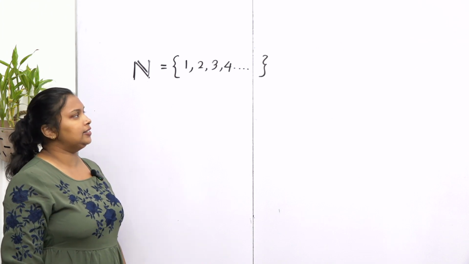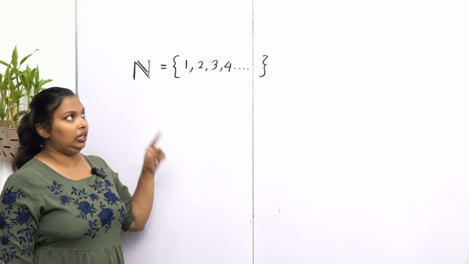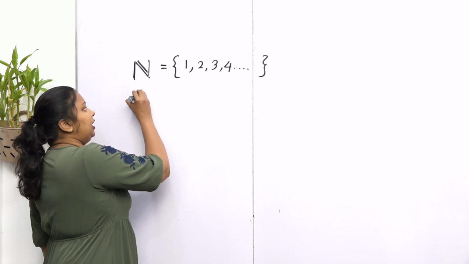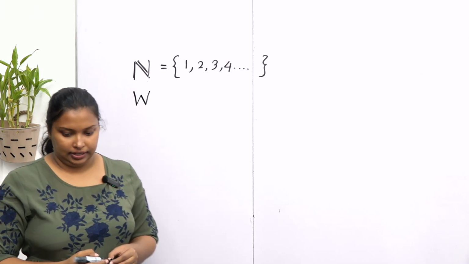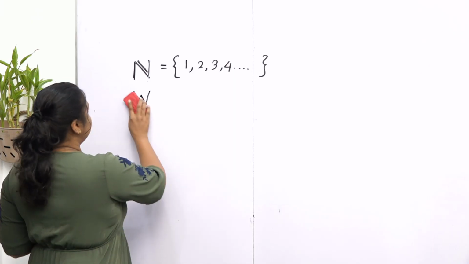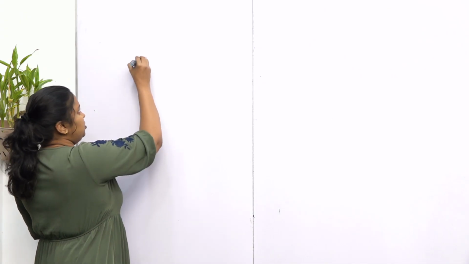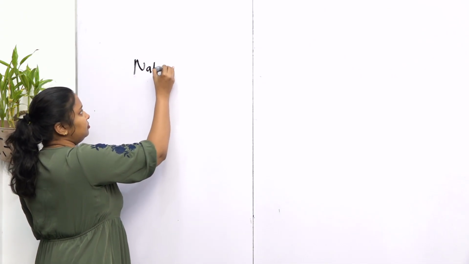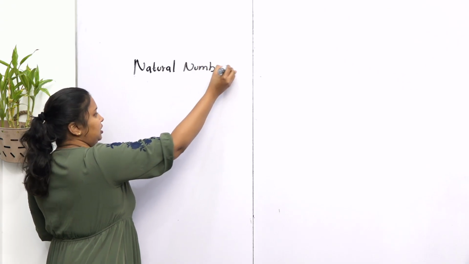Then how about 0? When we include 0 to this one, we write this as the whole number set. We call it the whole number set. I will write it here. Natural numbers.